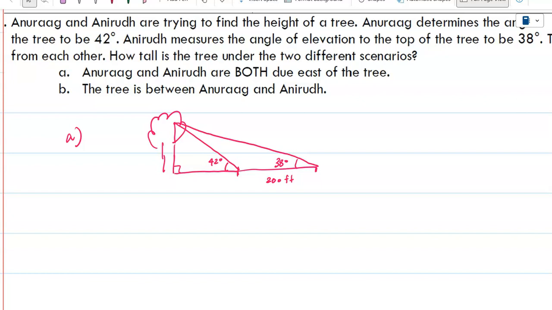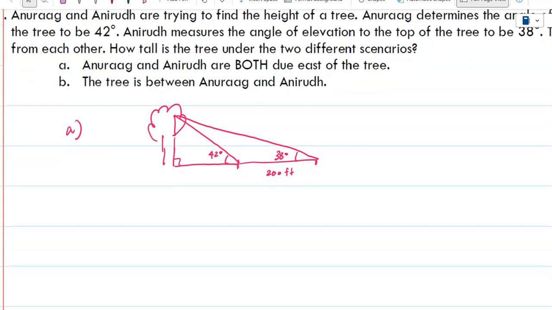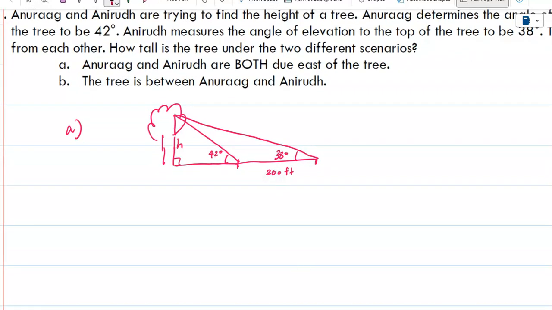So the question is, how tall is the tree? We're going to look for the height of the tree, so we need to find x. Let's use a t for the tree. What do we know? This entire distance is going to be x plus 200.